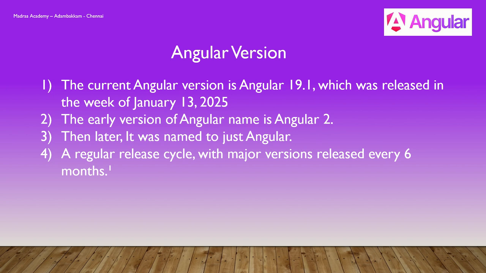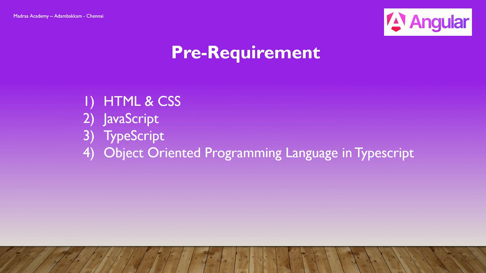We need to write it only as a command, not in software. We have a command for that, and using that command, we'll see how to install Angular. Next we'll move on to the prerequisites.